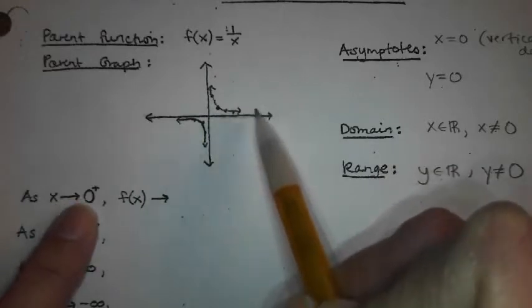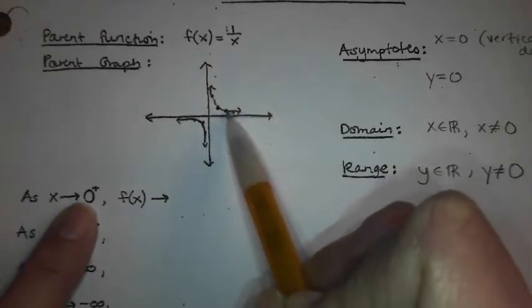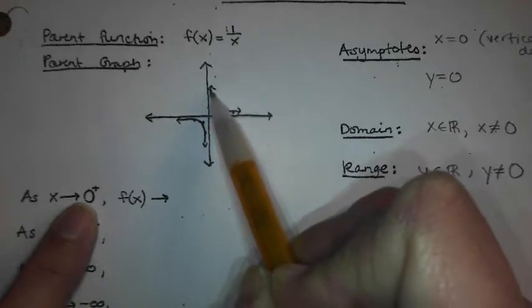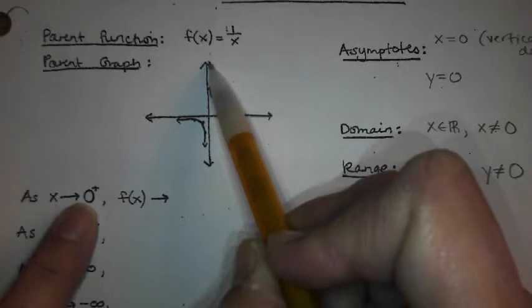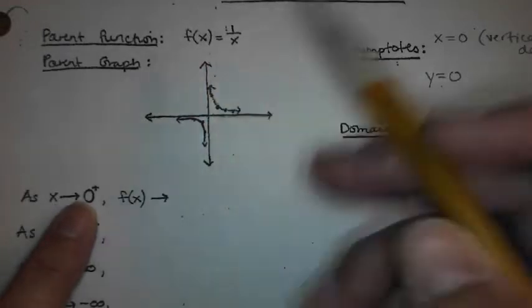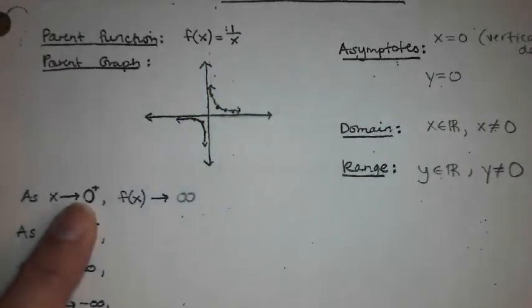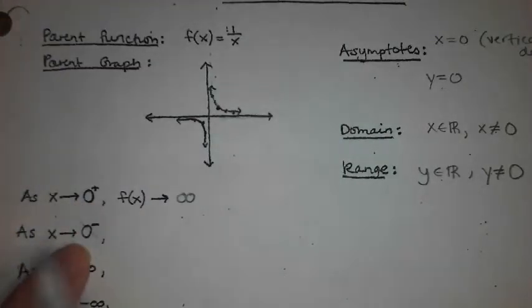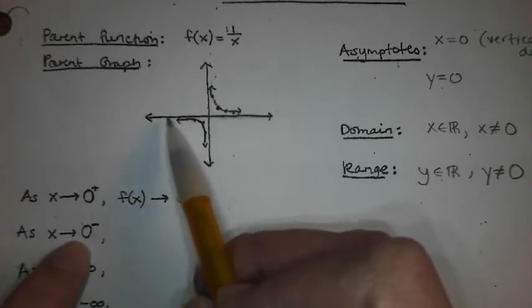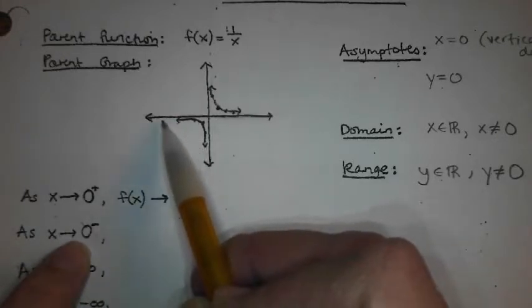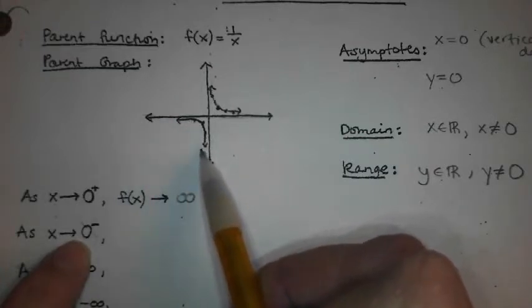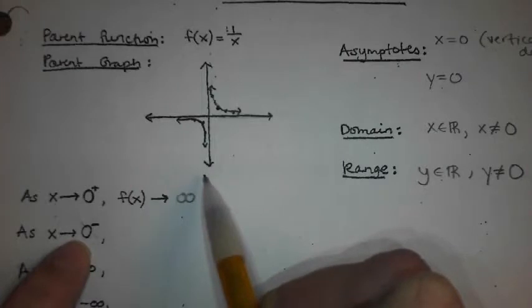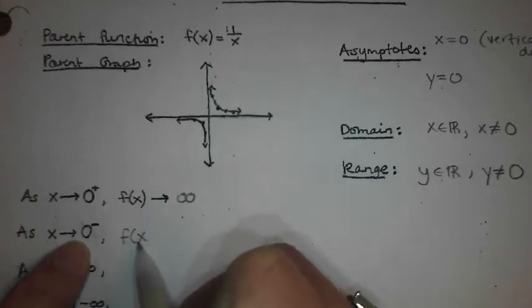As my x values are approaching 0 from the right-hand side, what's happening to my y values? They're increasing towards infinity. But it's different if I'm approaching 0 from the left-hand side. As x approaches 0 from the left-hand side, see how my x coordinates are getting closer and closer to 0? But coming from the left-hand side, what are my y coordinates doing? Stephen?